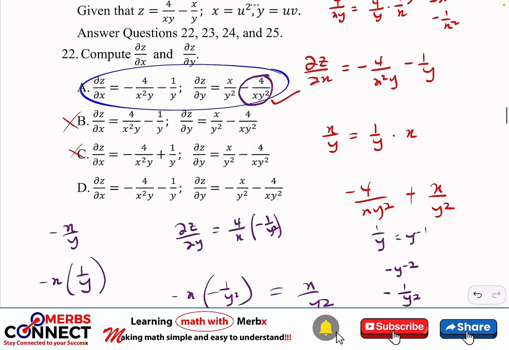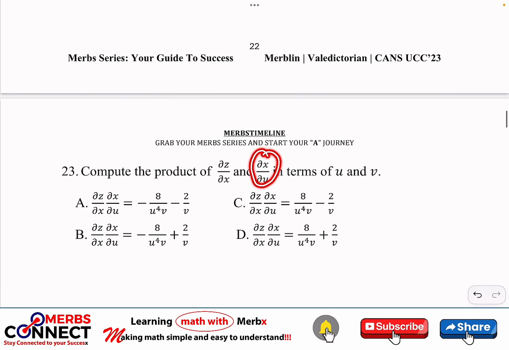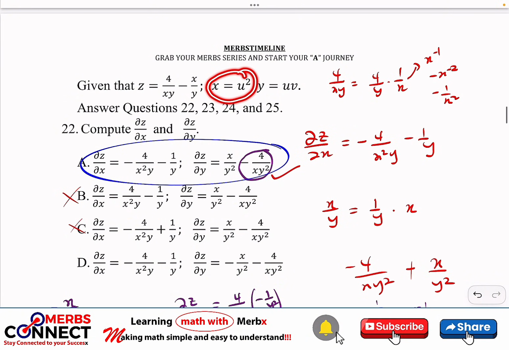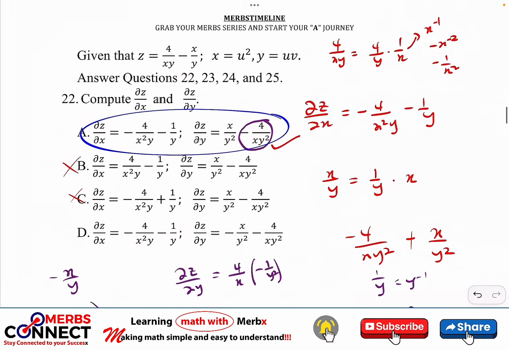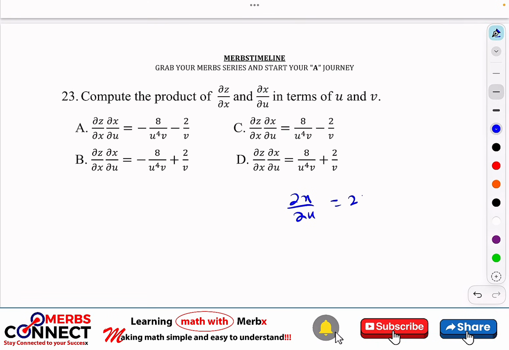We've done it already, which we had this. And then now we go with x with respect to u. So x with respect to u is going to give us just 2u. Let me just do them very fast. X with respect to u is going to give us 2u.